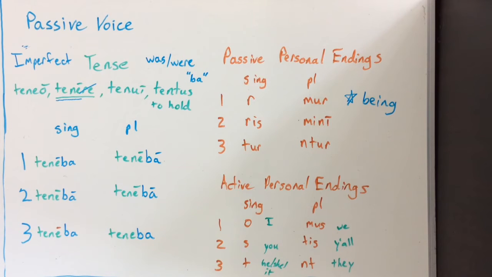And then, while we could do bam, bas, bat, bamus, batis, bant, to say I was holding, you were holding, he, she, it was holding in the active, we're going to apply those passive personal endings instead.